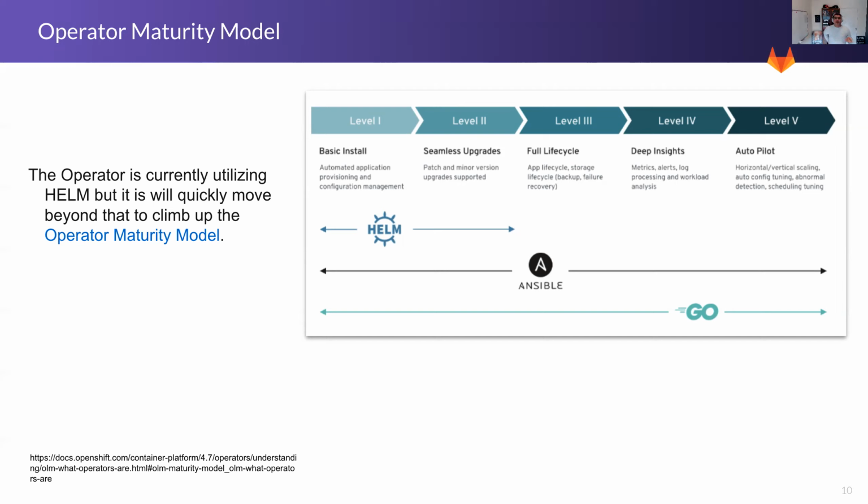And by the way, as of today, the GitLab operator is within that area. It is using Helm, right? But it is quickly moving beyond that to climb up the maturity model towards level 3, 4, 5. And this is where the nice magic, I would say, of the operator comes into the picture. Full lifecycle management, right?